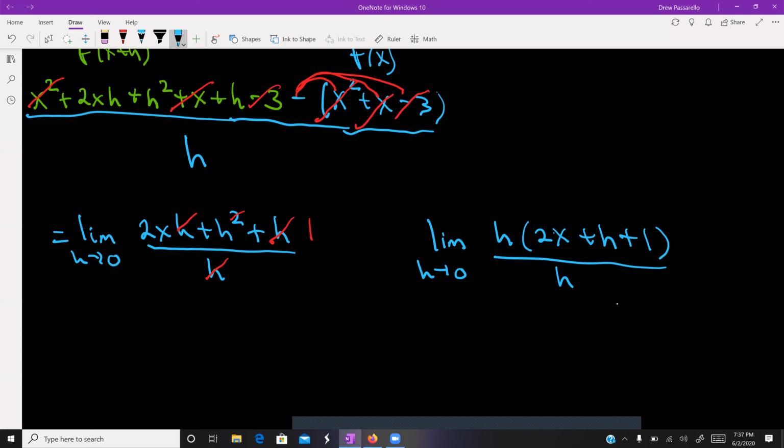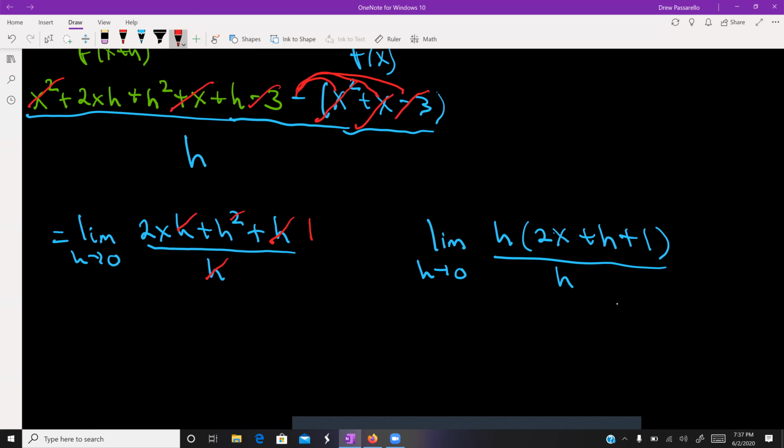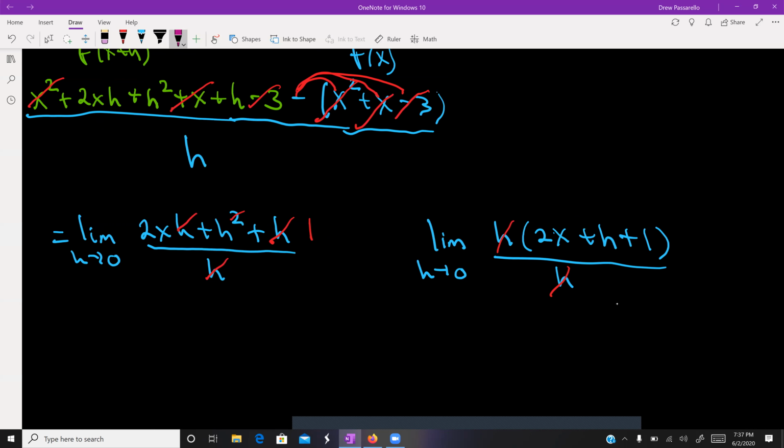People get this messed up because the h and h divide out, and they don't think there's anything left over. It's 1 that's left over. That's usually where people make a mistake, so make sure you include the 1.